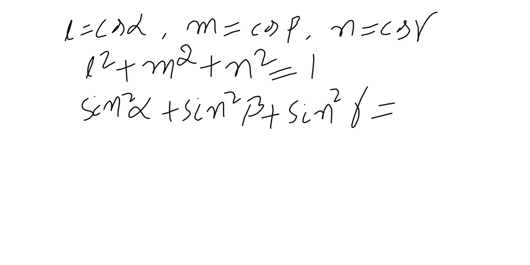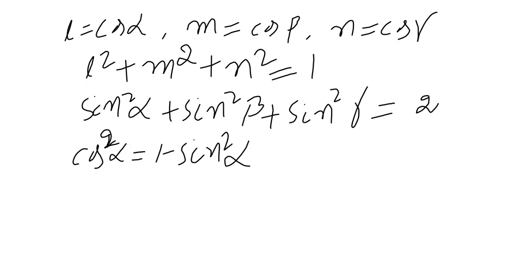How do we get this? Cos square alpha is equal to 1 minus sin square alpha. Substituting these values, the value of sin square alpha, sin square beta, sin square gamma becomes 2.